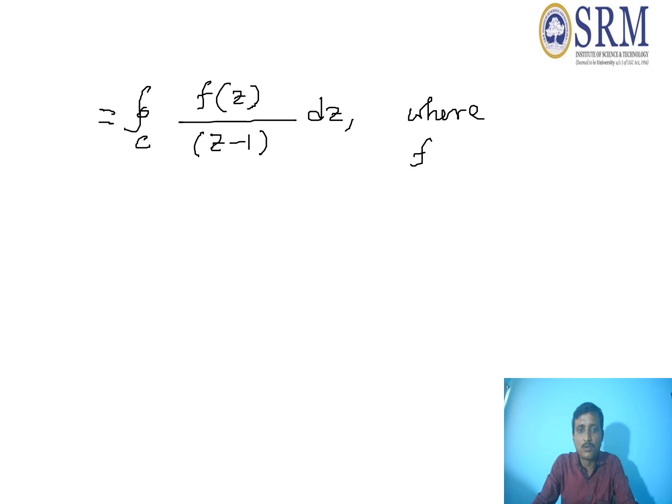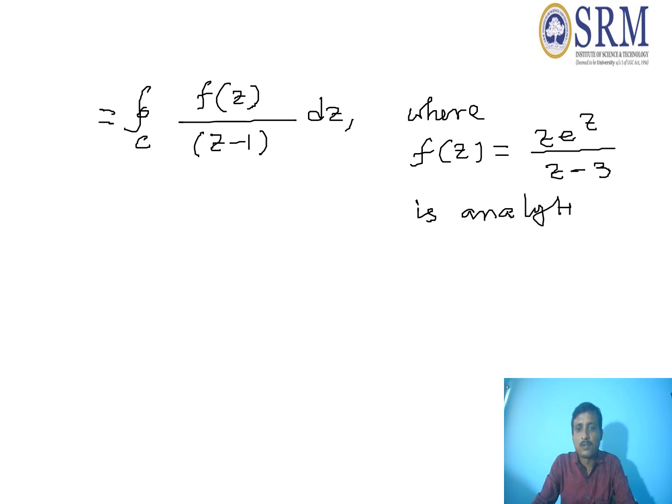Where f(z) is equal to z e to the power z, and that other denominator part, the factor z minus 3, that also you include in f(z), because now this f(z) is analytic on C. There is no problem, because this point 3 is lying outside the circle C.